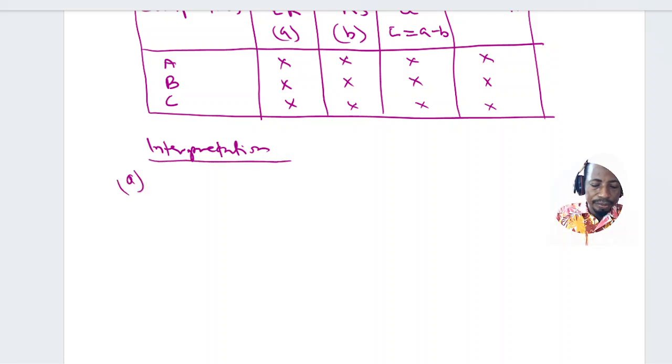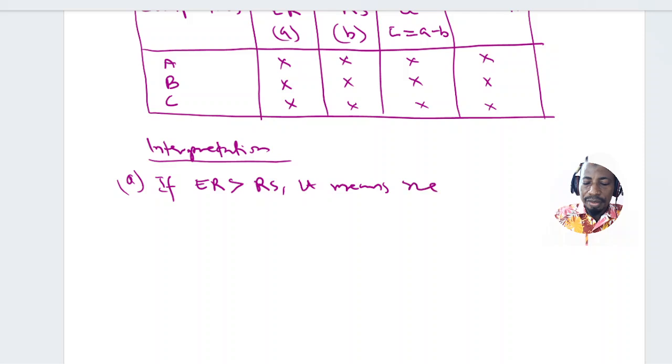Number A, if expected return is greater than the required return, it means the security is undervalued.